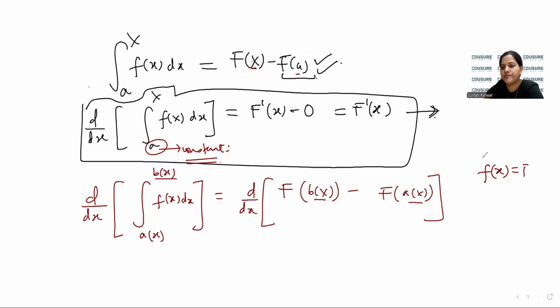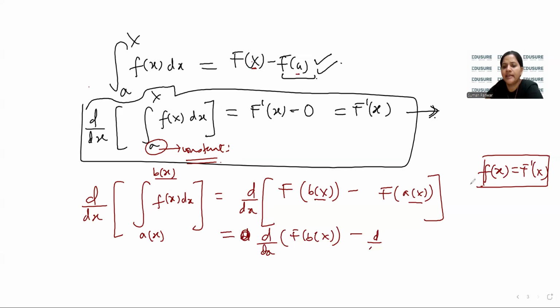And obviously we know that capital F dash x is f of x. Okay. So you can see that this is going to be d by dx of F of b(x) minus d by dx of F of a(x). And now we will apply the chain rule.